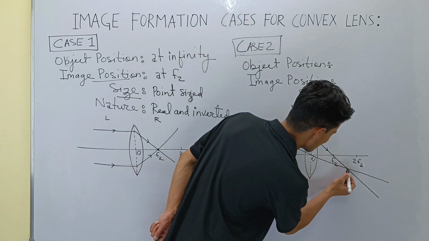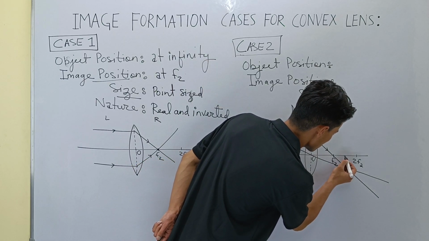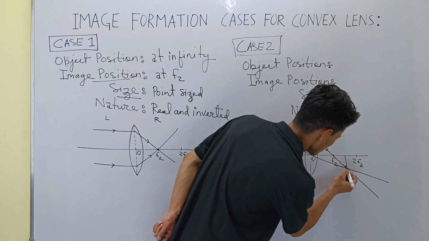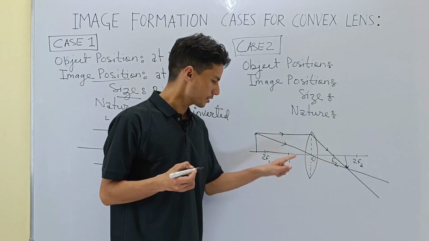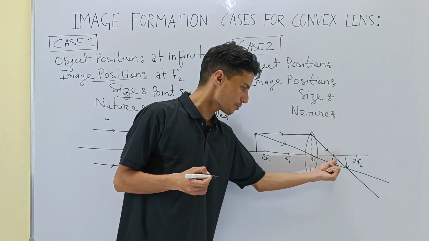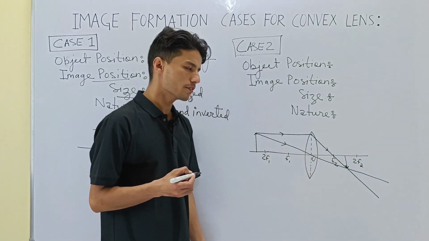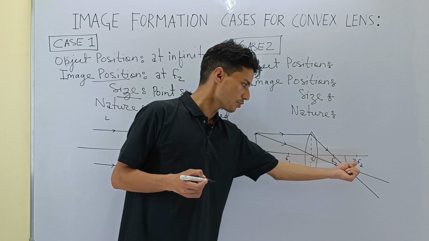Okay, the image is supposed to form between f2 and 2f2. So the image is from here. Okay, so this is the image. It should be straight, so you can use a scale. And remember, for case 2, the image is supposed to be formed between f2 and 2f2.